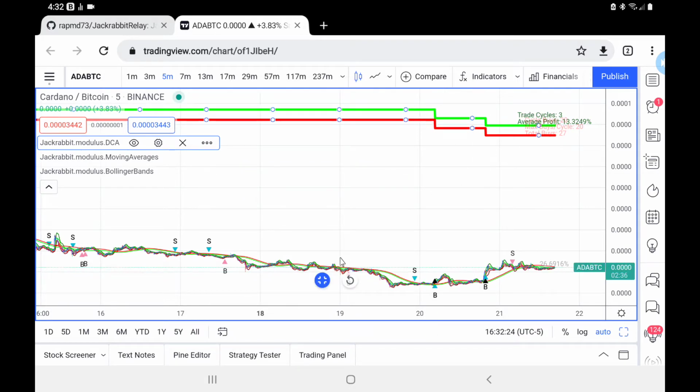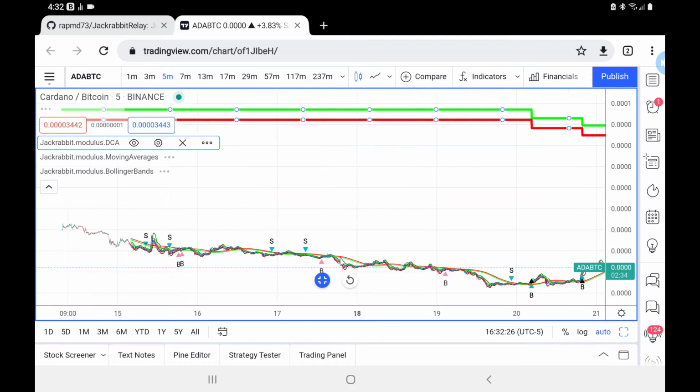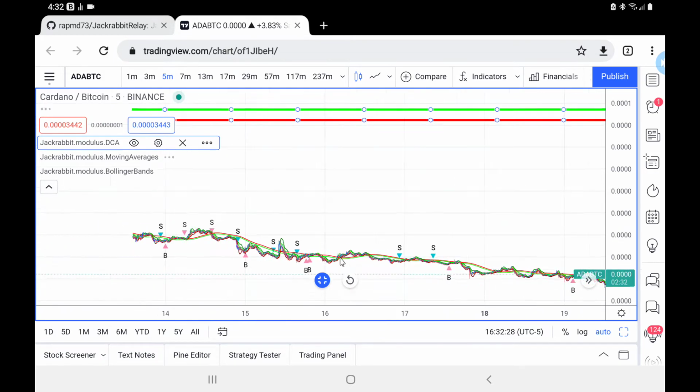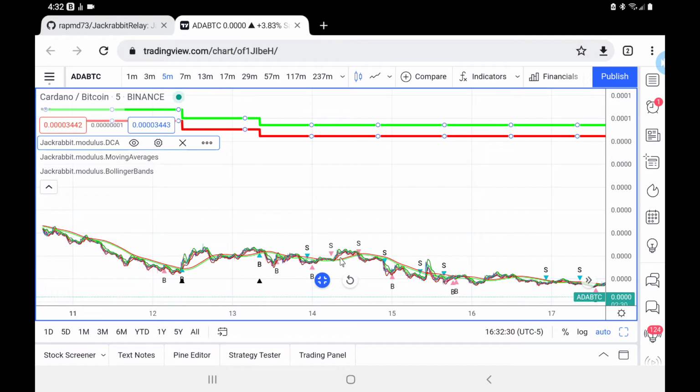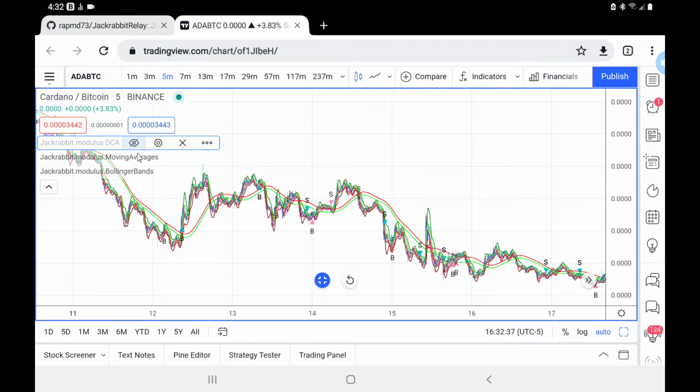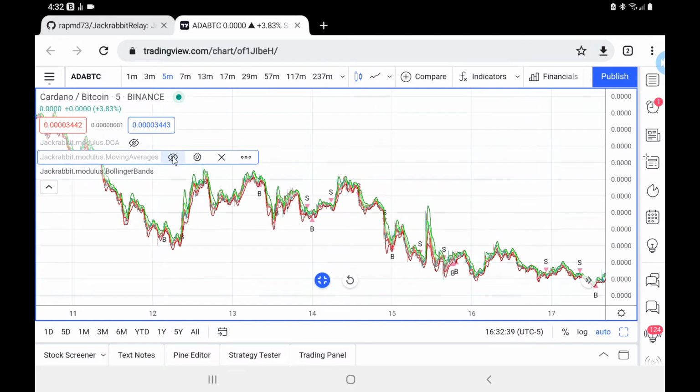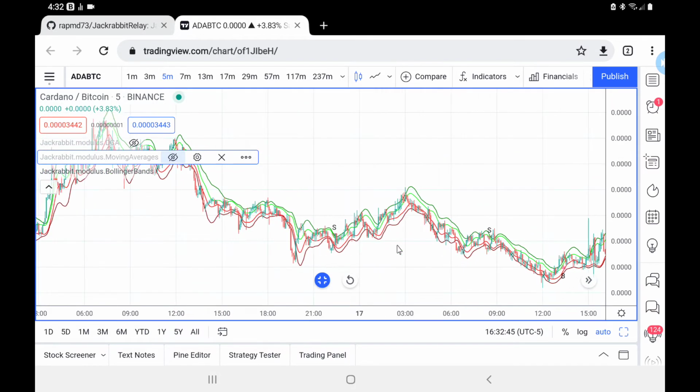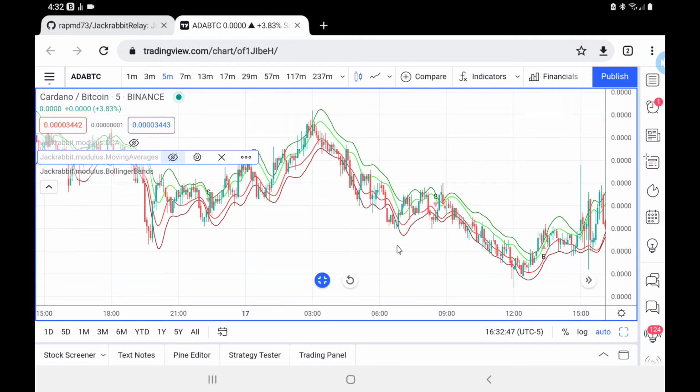So here we have the momentum and dollar cost averaging by themselves and the Bollinger Bands. For example, let's hide this. Here you have just the Bollinger Bands, split channel. Let's zoom that in.